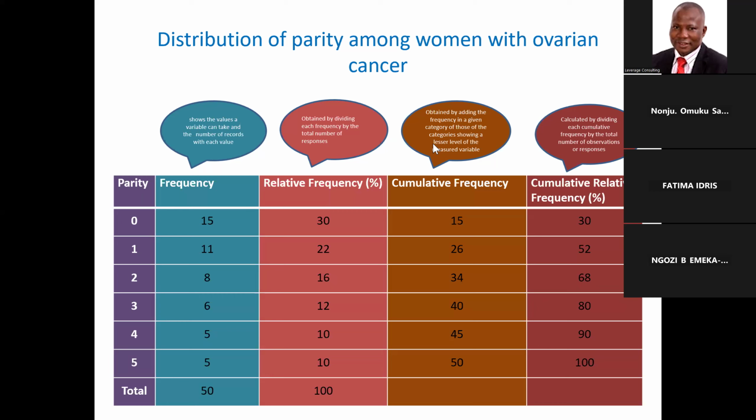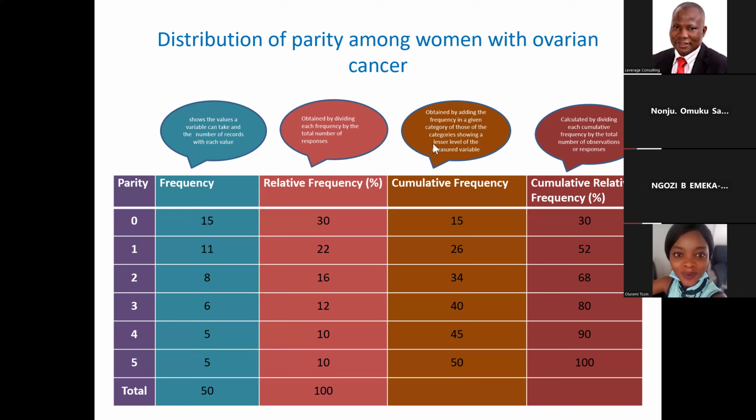So for the frequency distribution of this parity, for para 0, those who have not carried a pregnancy to term at all, they are 15 out of the 50. For 1, they are 11 out of the 50. For para 2, 8 out of the 50. For para 3, 6. For para 4, 5. For para 5, 5.